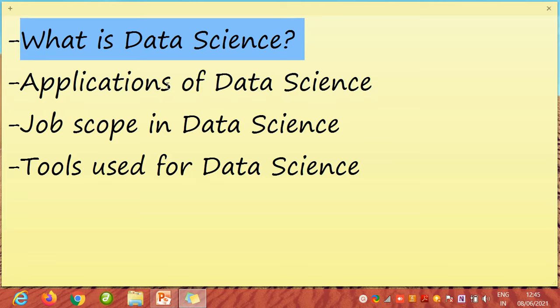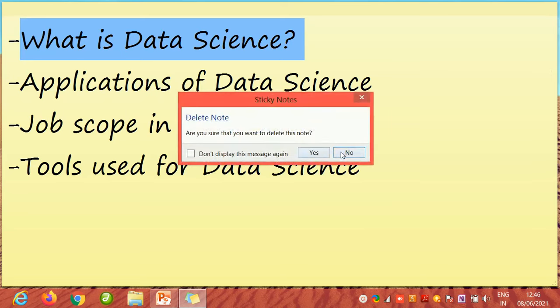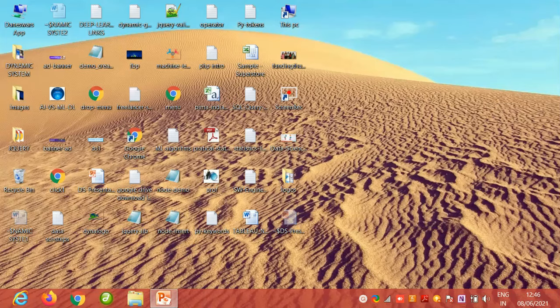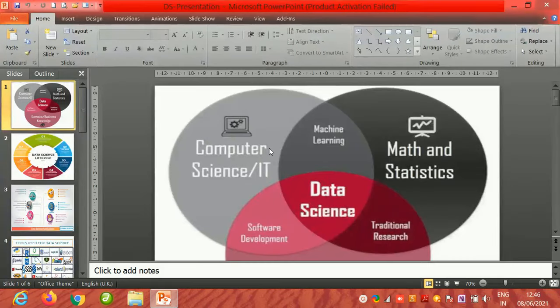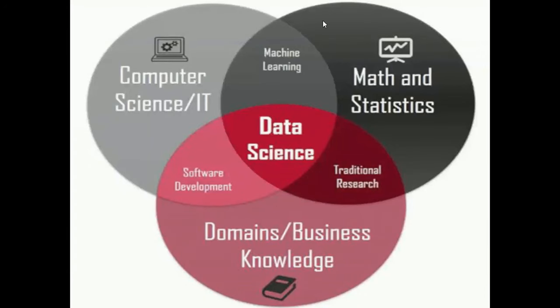So what are the applications of data science? First of all, this is the Venn diagram of data science. Suppose this is data science. Data science is a combination of mathematics and statistics, computer science or IT, and domain or business knowledge.